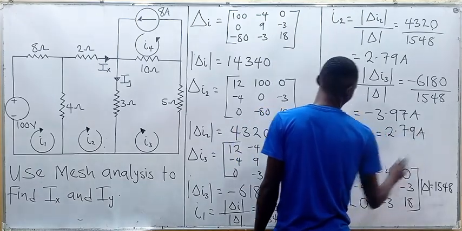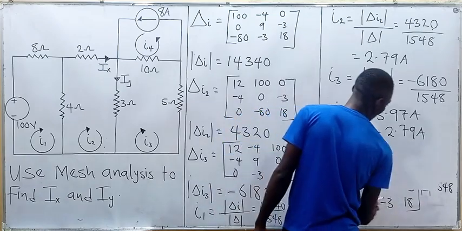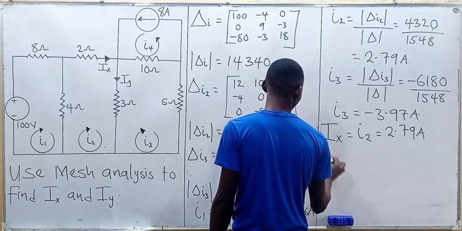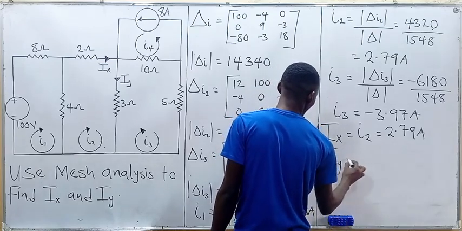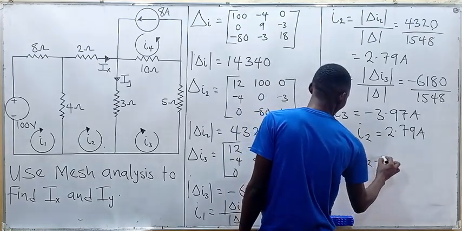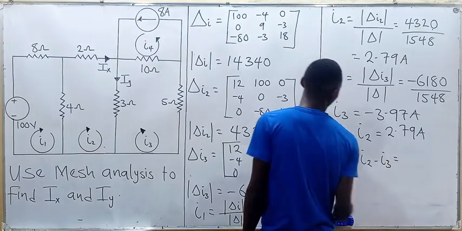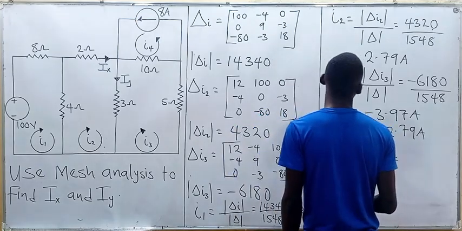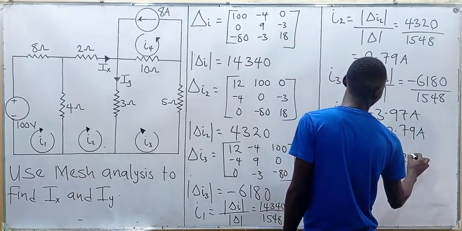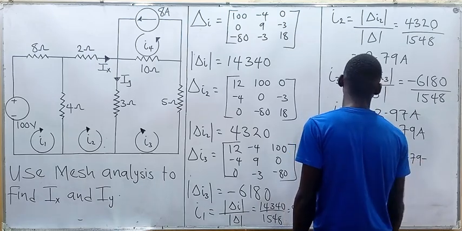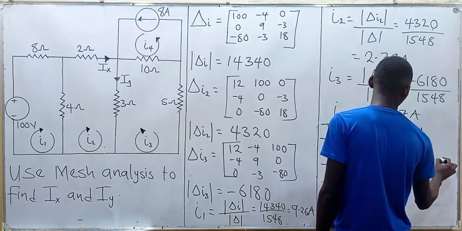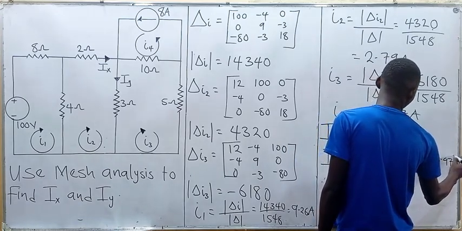And I2 is nothing but 2.79 ampere. Our IY is between mesh 2 and mesh 3, so that is going to be I2 minus I3. I2 is 2.79 minus I3, and I3 is minus 3.97.